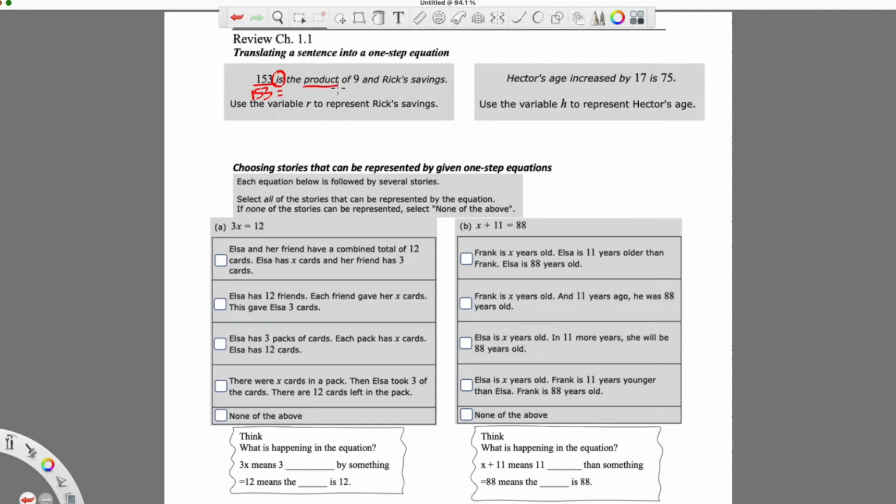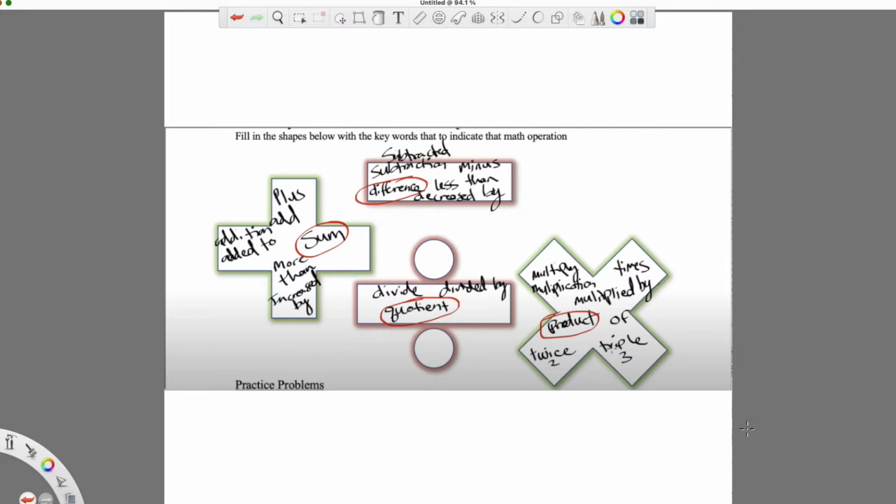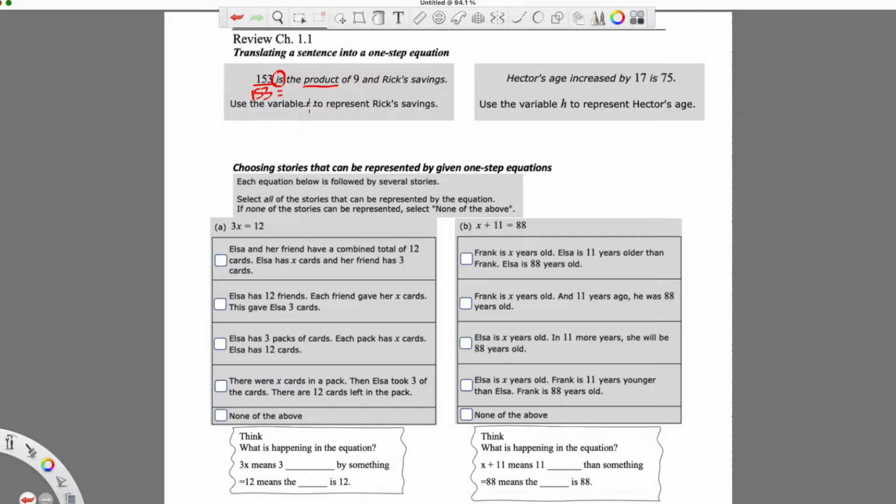Product means to multiply. But we're not just going to multiply anything; product means the multiplication of the next given terms.